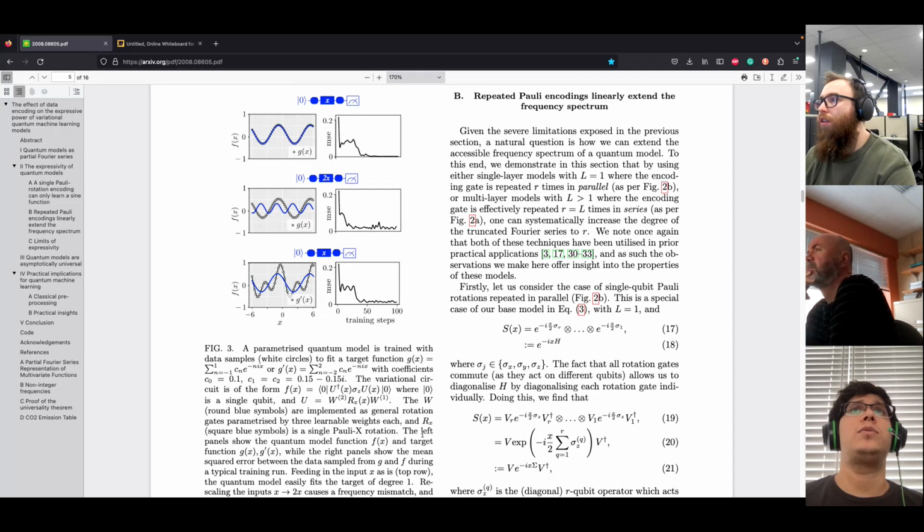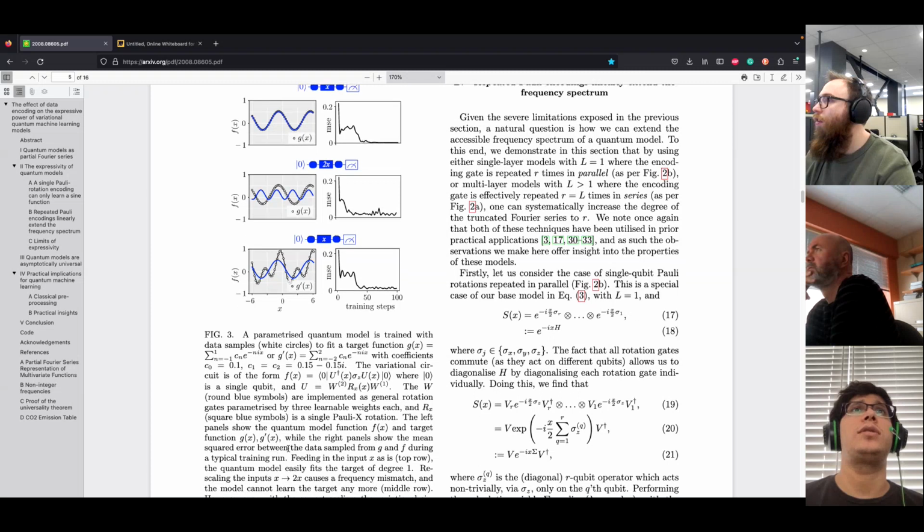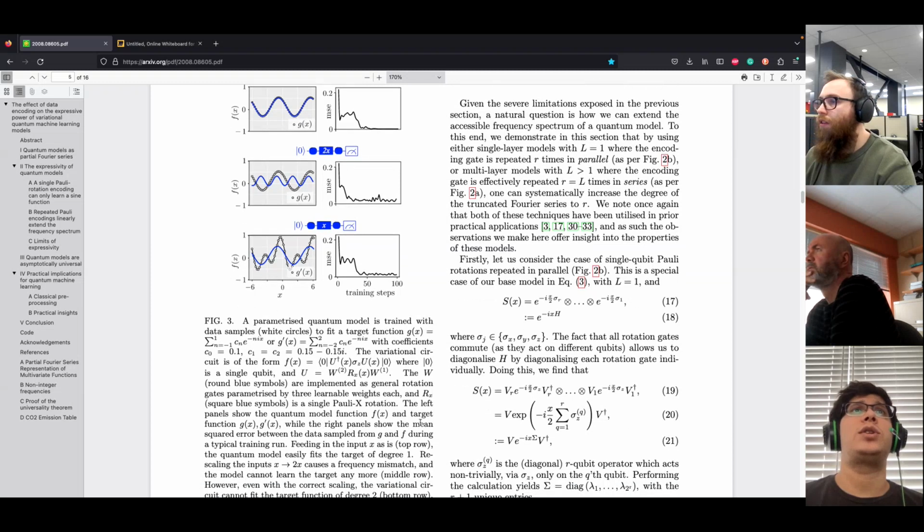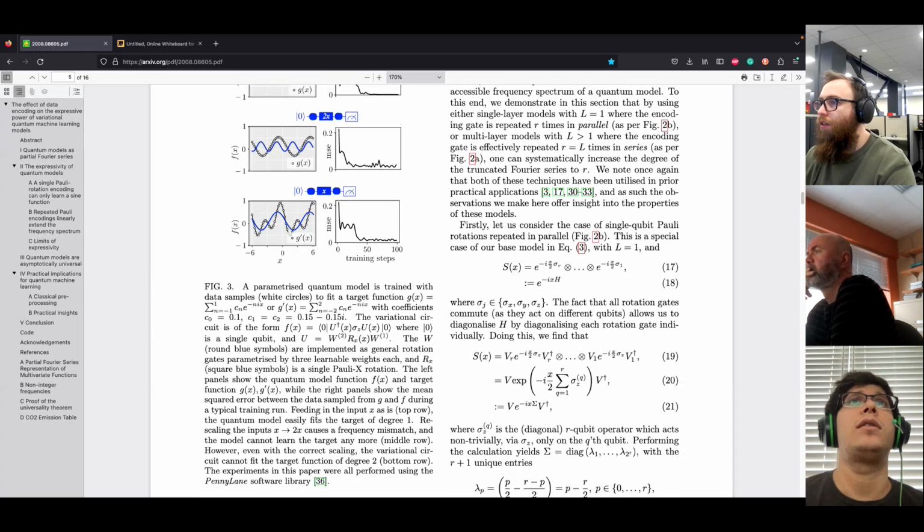Here, what they do is the left panel shows the quantum model function and target functions, while the right panel shows the mean square error between the data sample from G and F during a typical training run. Fitting in the input X as in the top row, the quantum model easily fits the target of degree 1.